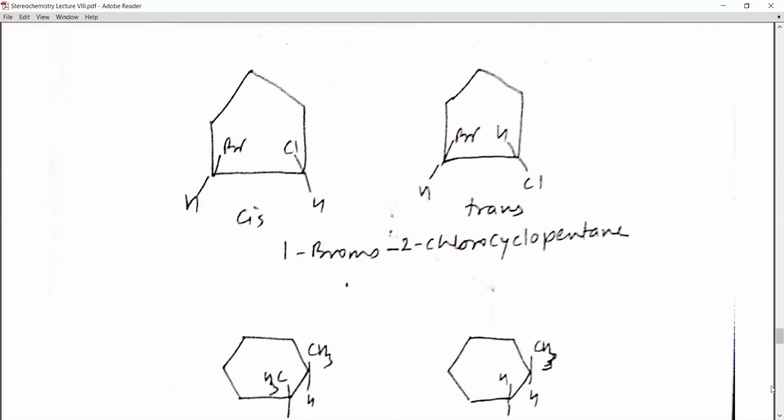In this cyclopentane molecule, bromine and fluorine are both on the same side above the plane, so it will be referred to as cis, whereas in this molecule bromine and fluorine are on opposite sides, so it will be referred to as trans.